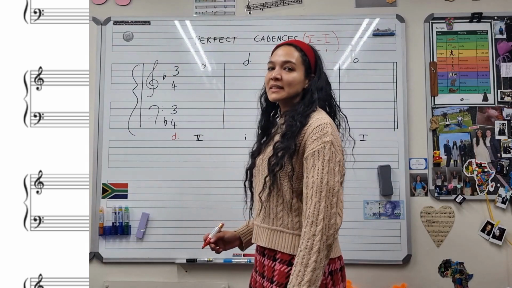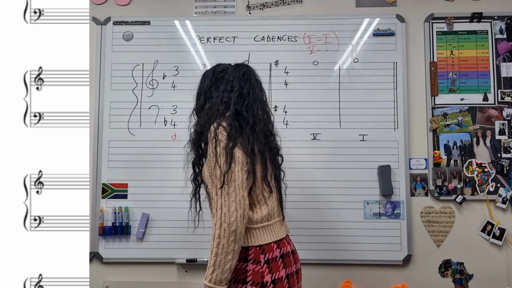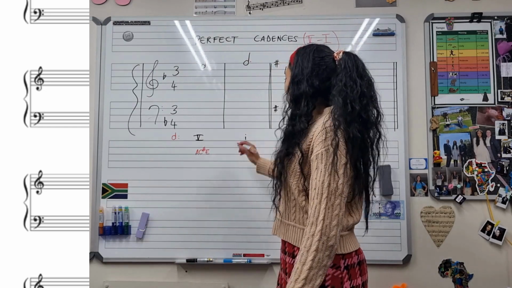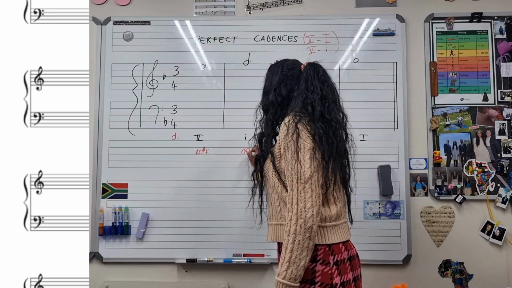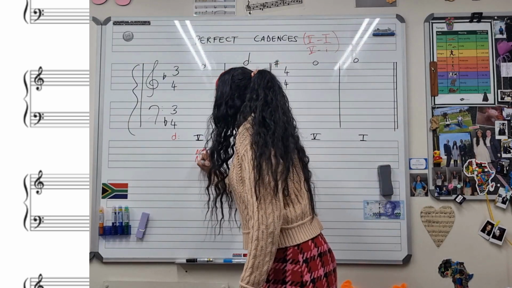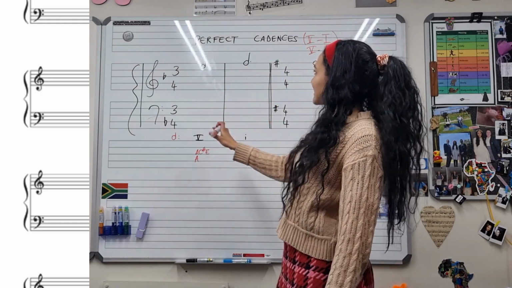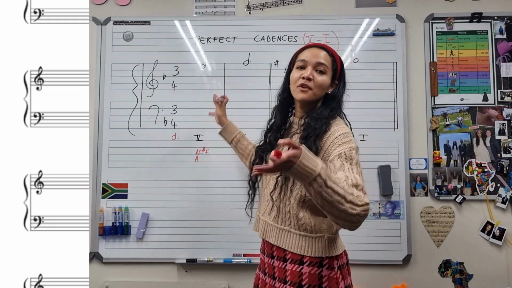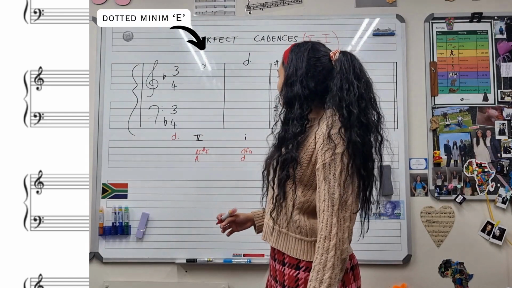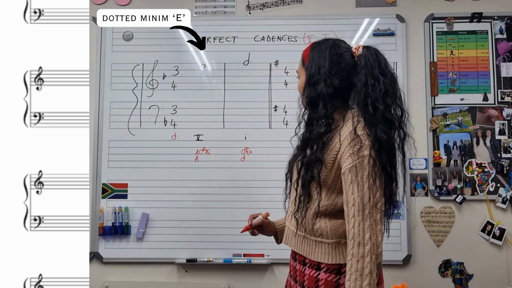Our dominant in D minor should roll off the tip of the tongue: A, C sharp, E. Remember that C sharp. Then the D minor chord is just D, F, A, and we double the root in both chords, so I'm going to double the A over there, I'm going to double the D over there. In this exercise, I've already given us a soprano voice. So we're going to just take that away because our soprano voice is already there.